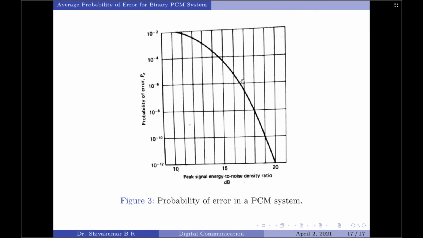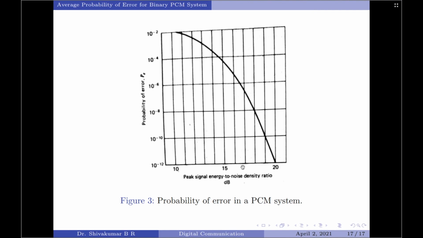By looking into this graph, you can see if I want the average probability of error to be 10 to the power of minus 6, the x-axis point that meets this curve is somewhere around 17 dB. So if I maintain the peak signal to noise density ratio at 17 dB, then the binary PCM system will almost be void of any errors.